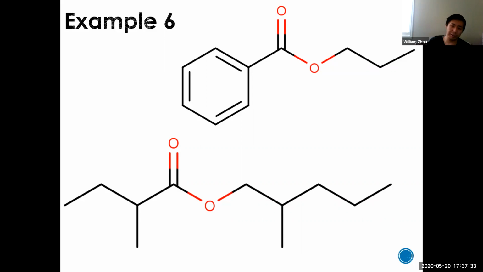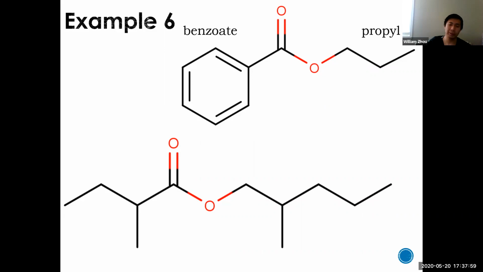You will do this as you would for any other normal question. First of all, the thing on the left. We just learned that the acid version of this will be benzoic acid. So therefore, the ester version will be benzoate. And the right side would have 3 carbons. That would be propyl.